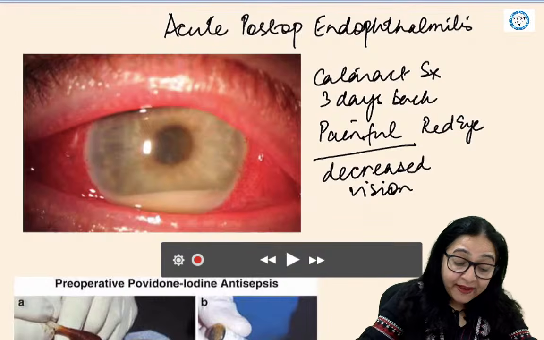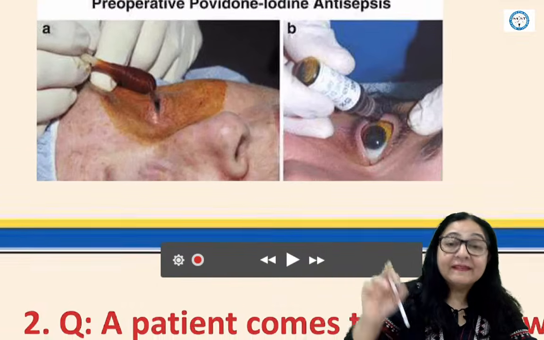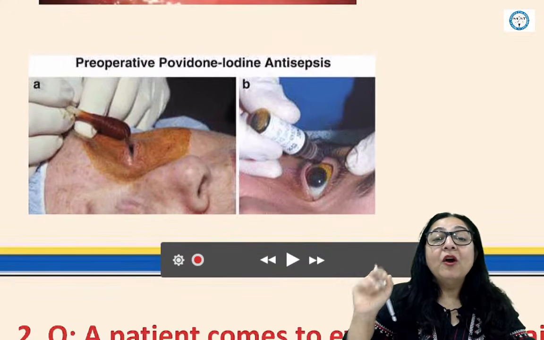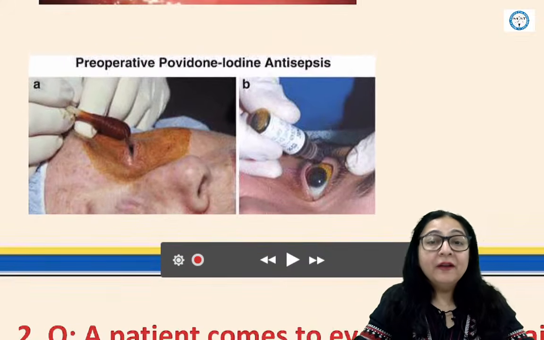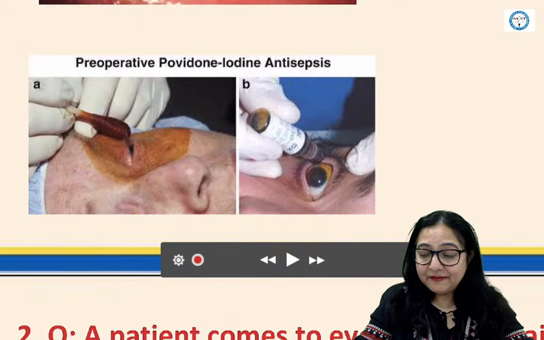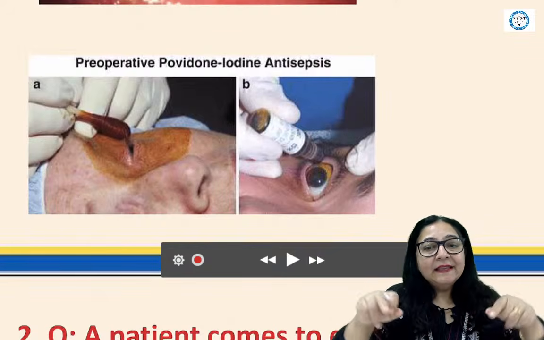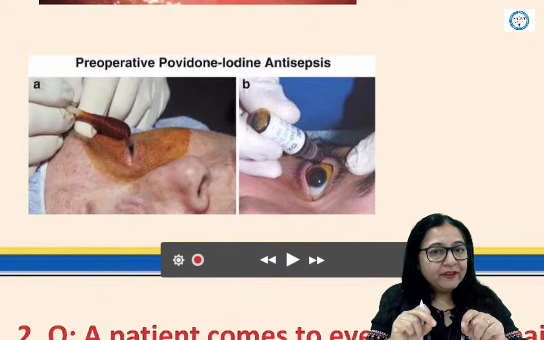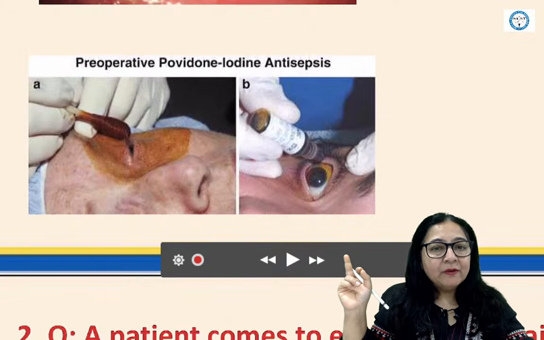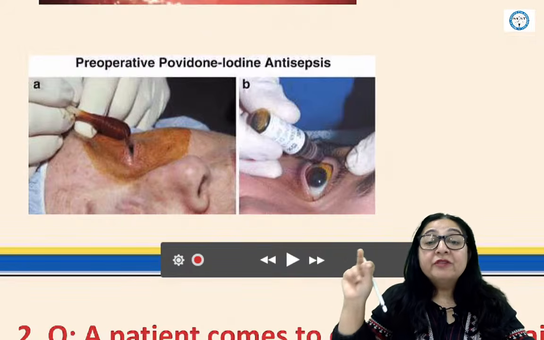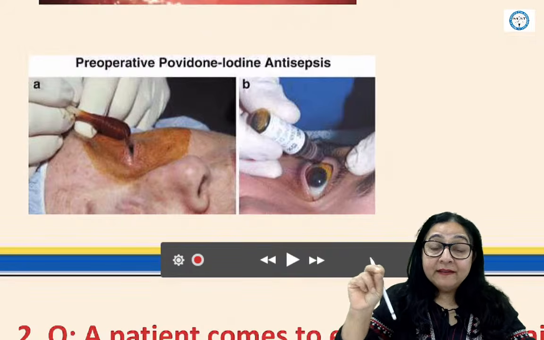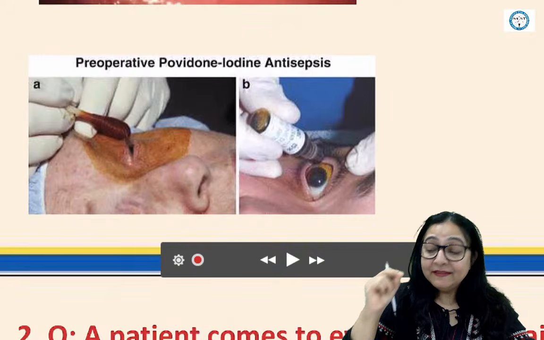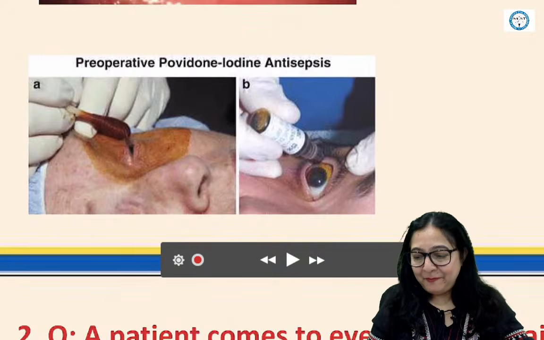To prevent such a sight-threatening complication, we do pre-operative povidone iodine antisepsis. We clean the eyelid skin area before the cataract surgery with 10% iodine, and we put 5% povidone iodine solution in the conjunctival sac to prevent post-op endophthalmitis.